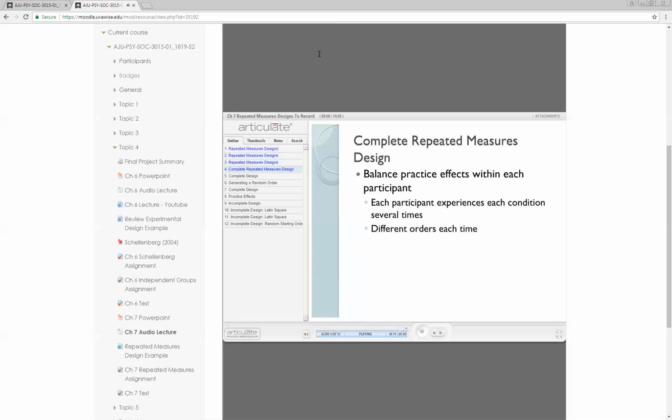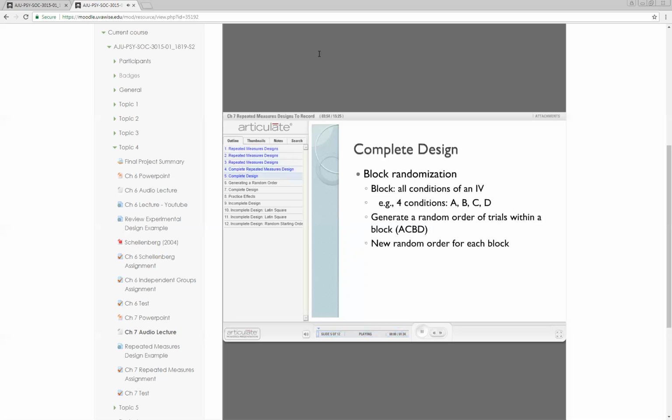Those are block randomization and ABBA counterbalancing. So again, with these designs, what we're worrying about is what order participants are going to see the conditions in.